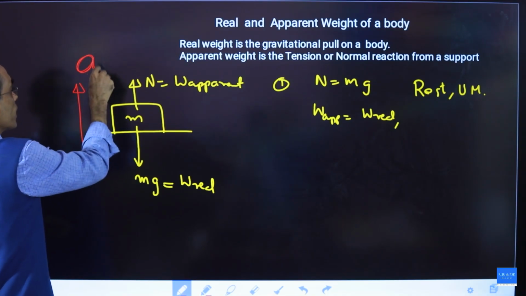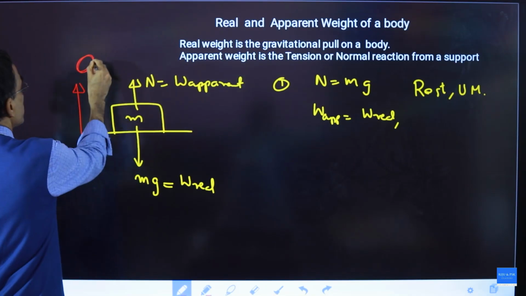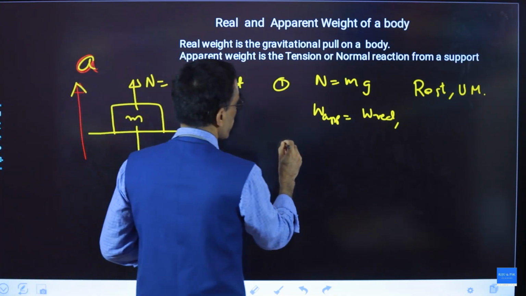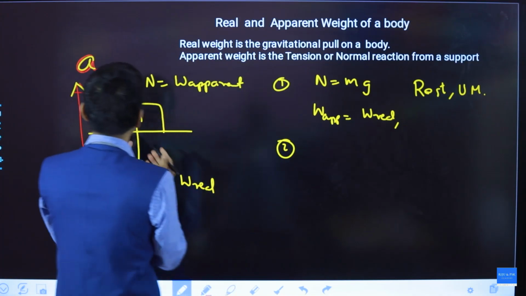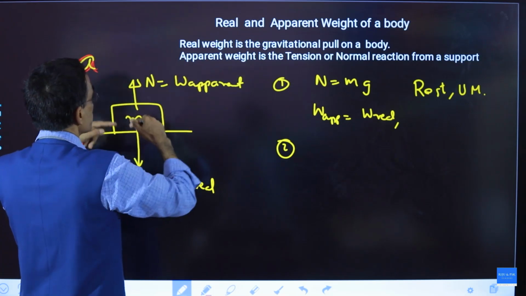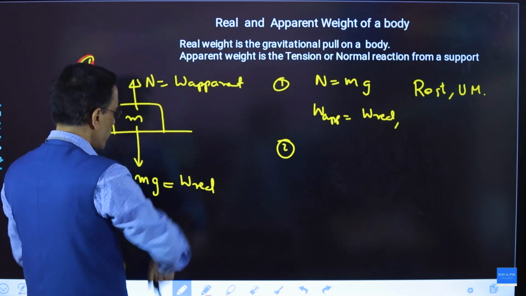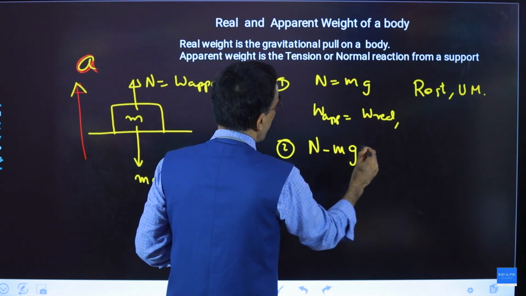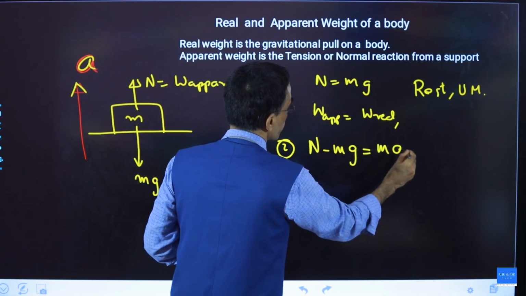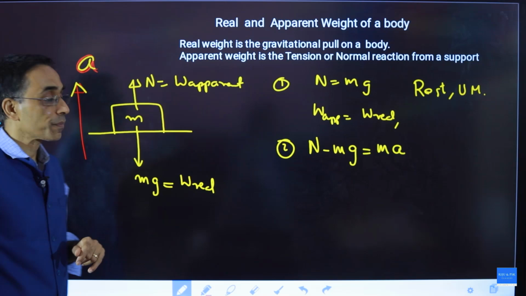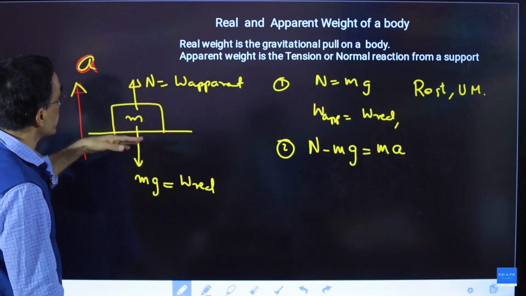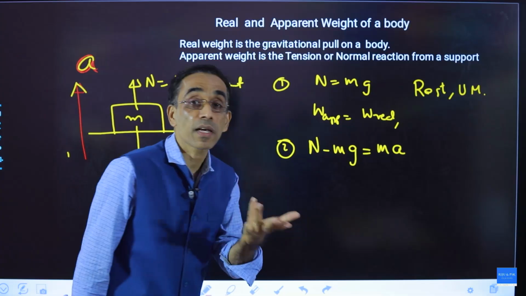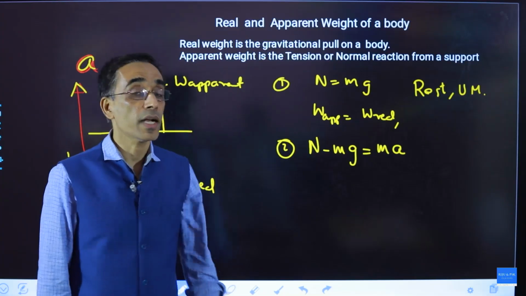If it is accelerating upward, what will happen? Second case, here it is accelerating upward. So upward forces must be more than the downward force. So upward force is N, downward force is mg, and that must be the accelerating force. I applied F is equal to ma. The body has an acceleration, m into a is nothing but upward force minus the downward force. Out of this, which is the weight that we feel?